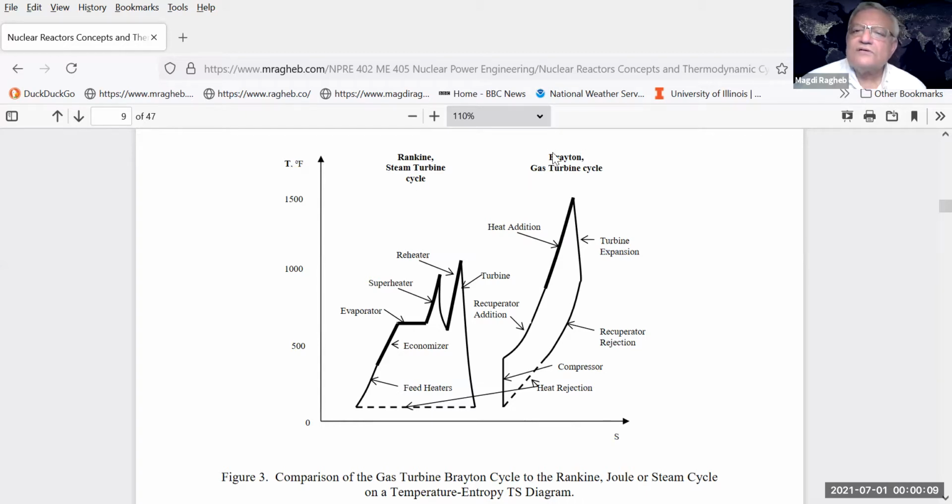That's a terminology in the UK. In that case, you use a gas. You heat up the gas like carbon dioxide or helium, and you can reach about 1,500 degrees Fahrenheit. So that would be a higher efficiency type of reactor.